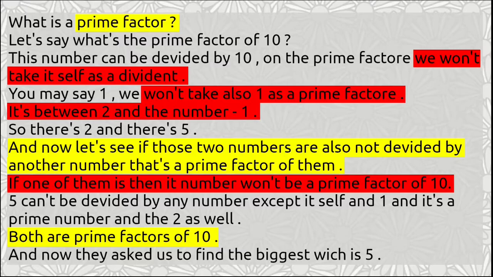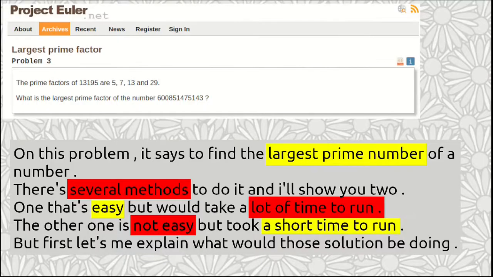Both are prime factors of 10. Okay? And now they asked us to find the biggest one. In the case of 10, it is the 5. So the 5 is the biggest prime factor, as they have asked us to find the largest. So we will answer this question later on.